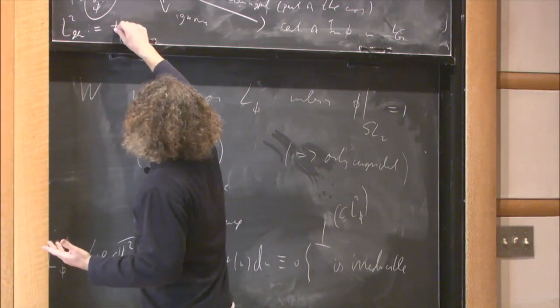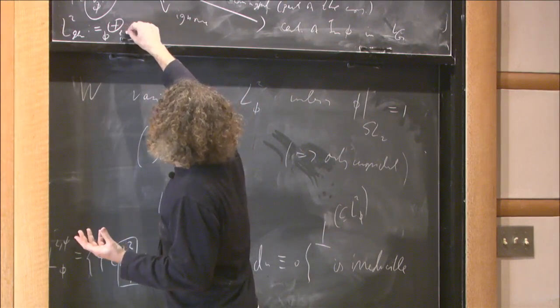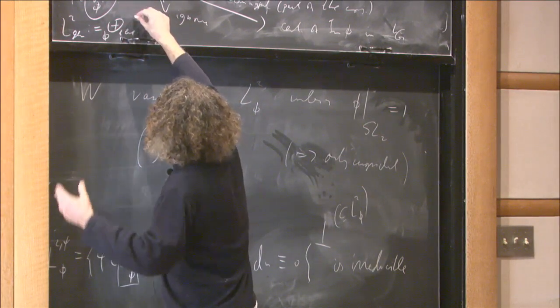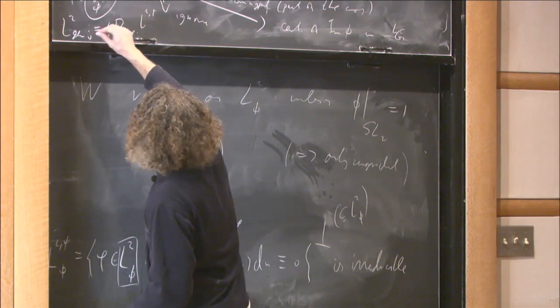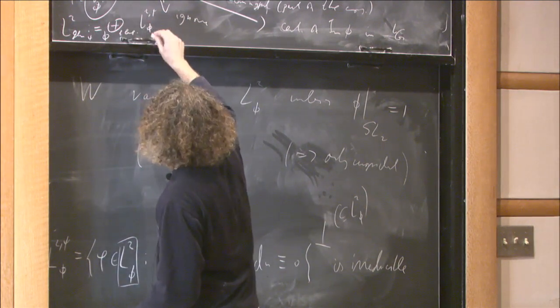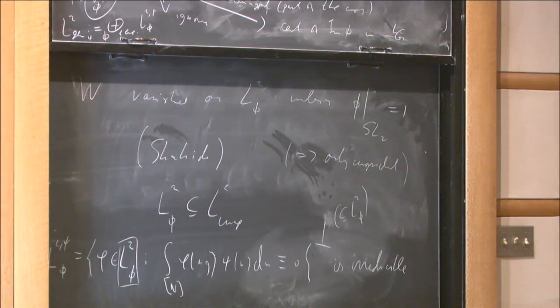I can define it, if you like, as the direct sum of all the tempered parameters, what I call the L2 of psi phi. So there should be a meaningful space, which in the GLN case is simply the cuspidal spectrum, nothing more nor less. And for SLN it's just the restriction of the.